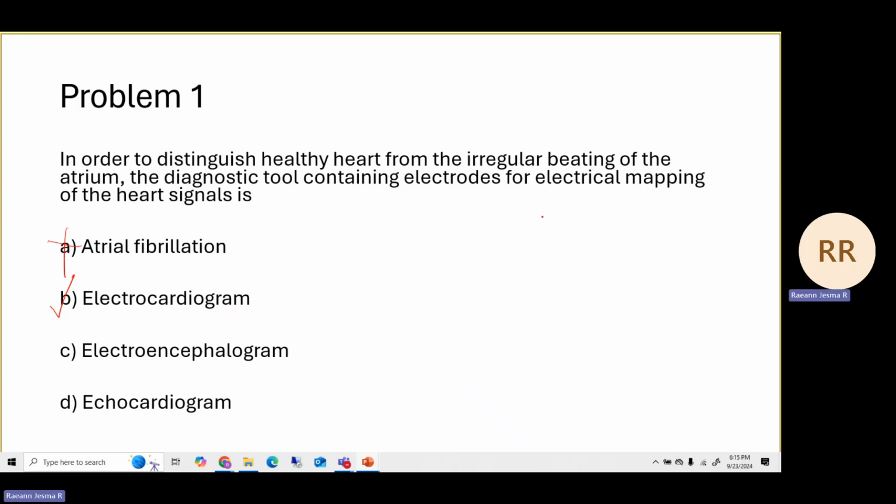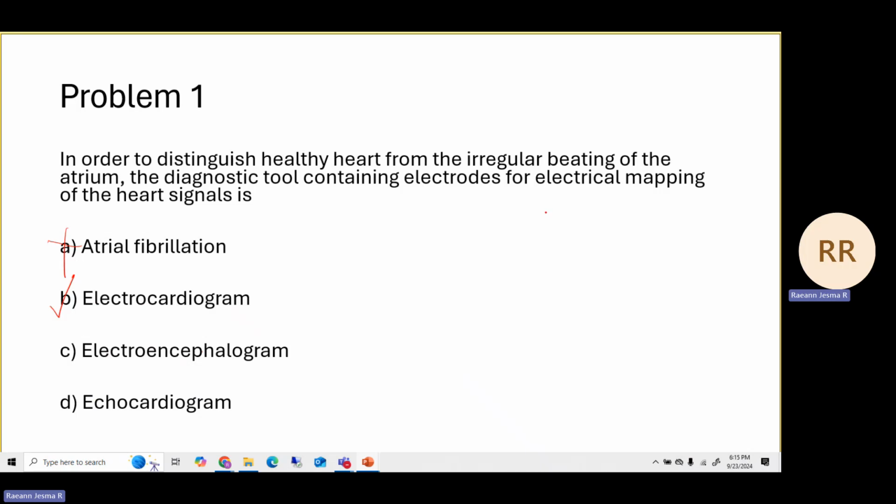This ECG can be used to find whether a person is having any irregular heartbeat, which is also called arrhythmia, or if a person has suffered a heart attack before, or if somebody is having chest pain, then they can try to find out what is causing the chest pain.